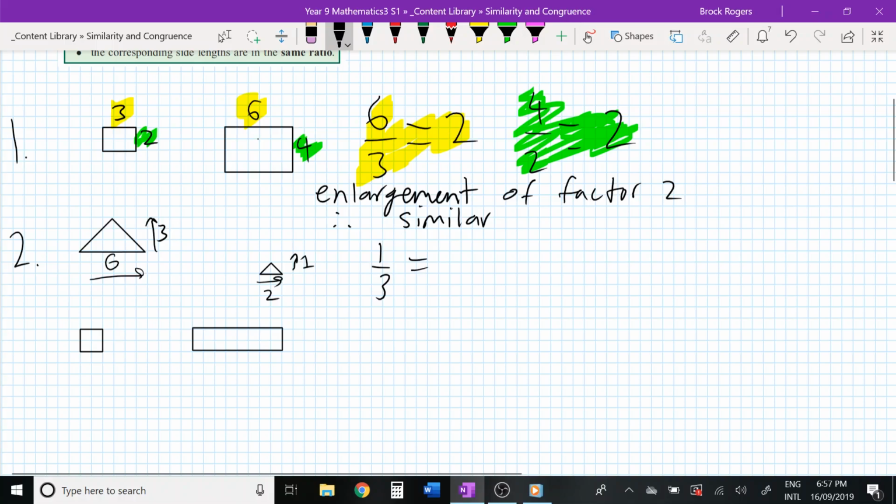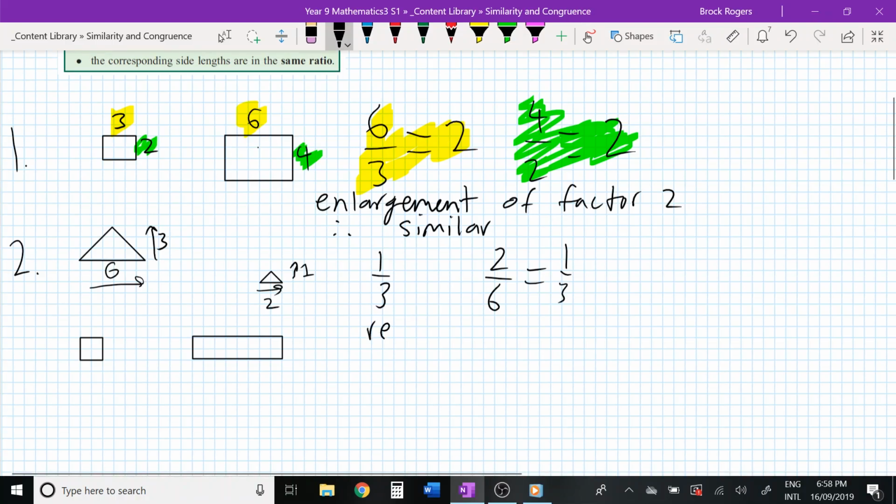So we have a factor of a third there, and for the base, we have 2 divided by 6, giving us a third. So you can see here we have a reduction of 1/3, and this shape is also similar.